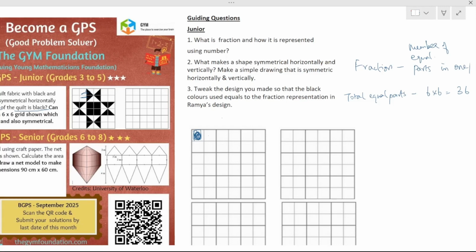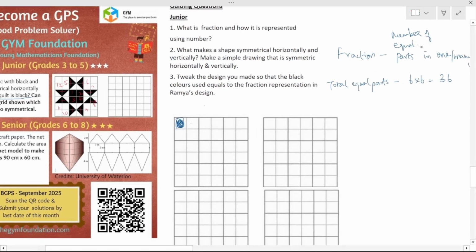So if I start counting such halves and the wholes, let's do it now. 1, 2, 3, 4, the wholes are over, and these two halves will make up 5, then 6, 7, 8, 9, 10, 11, and 12. So if we combine them, the total equal parts shaded in black are 12.